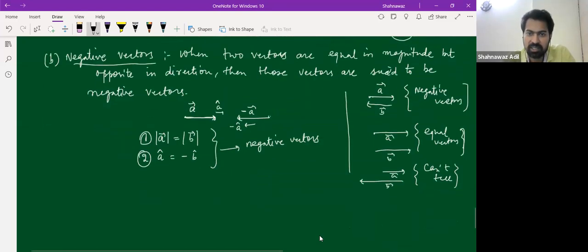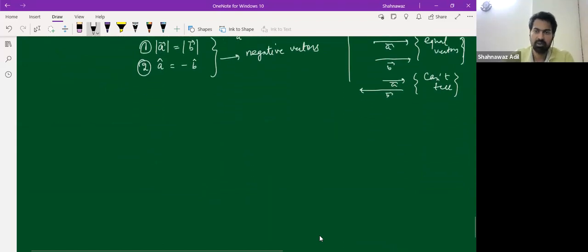So the next type is the parallel vectors.